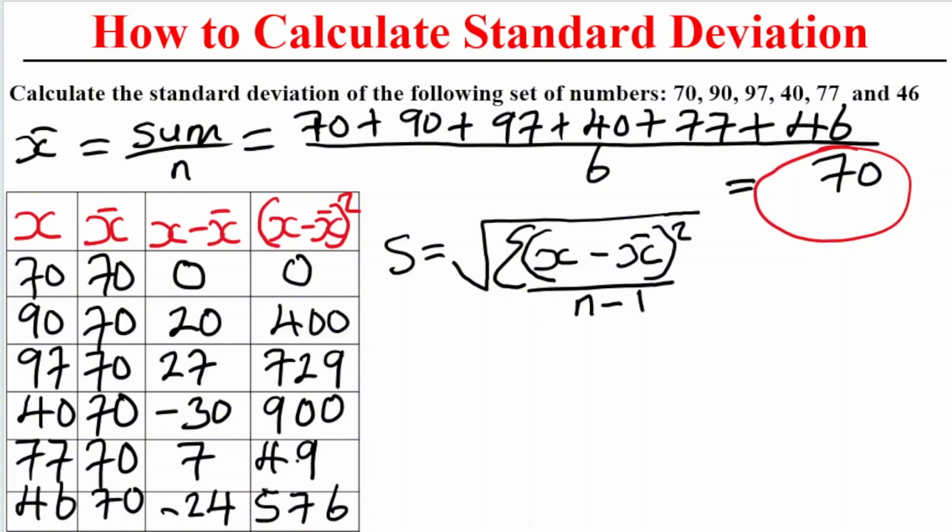The next step says add the squared deviations.